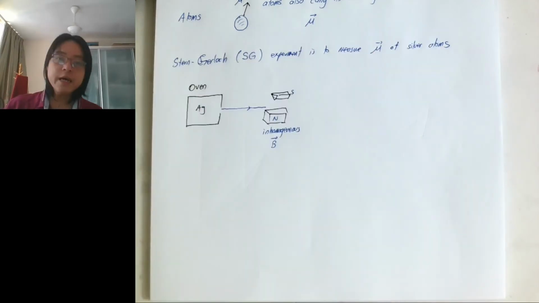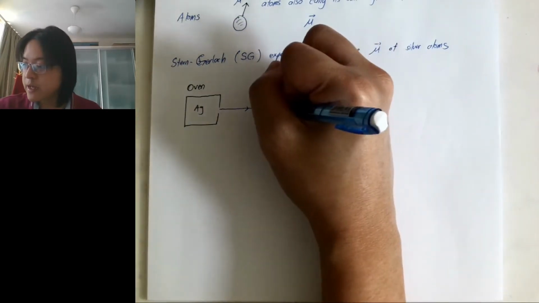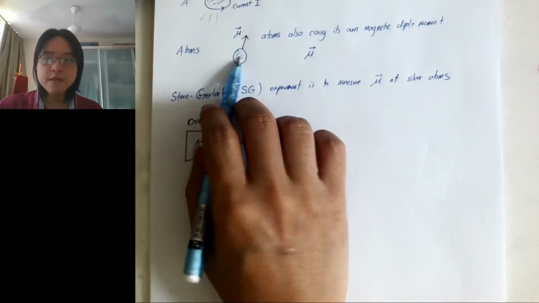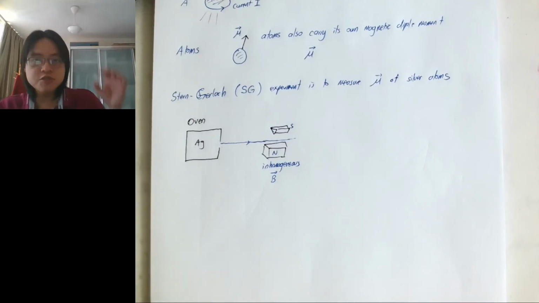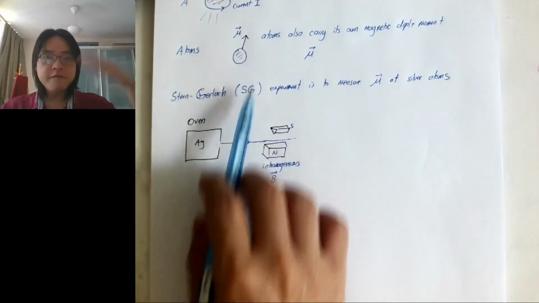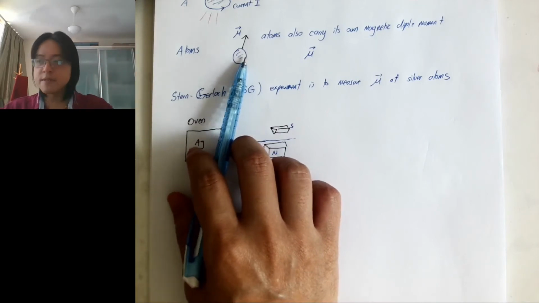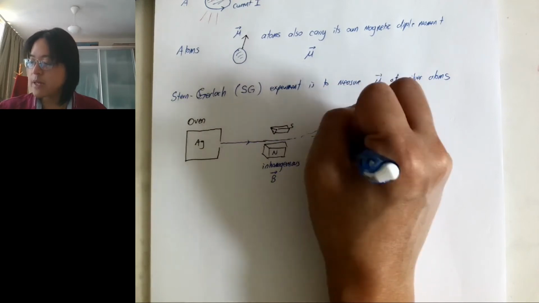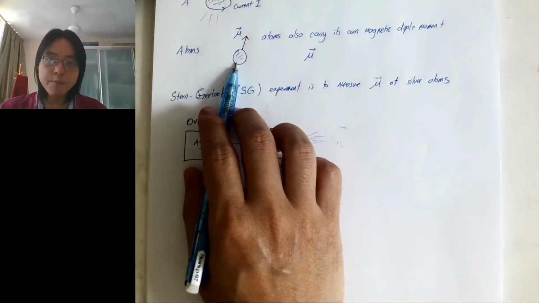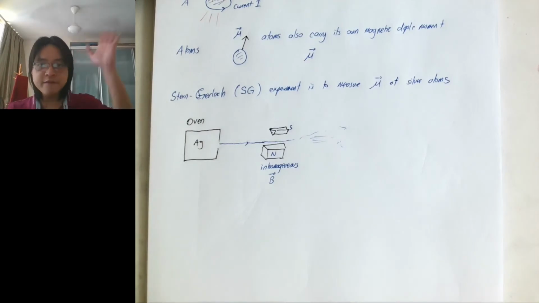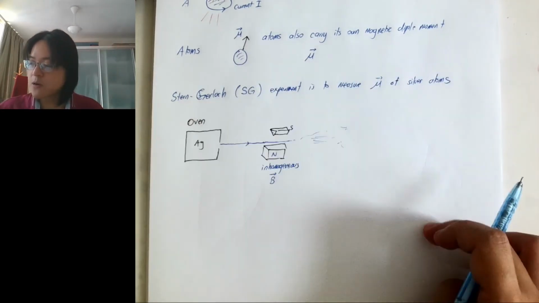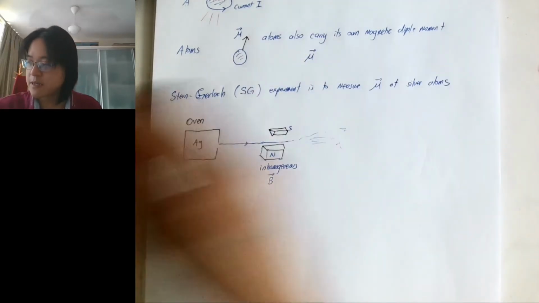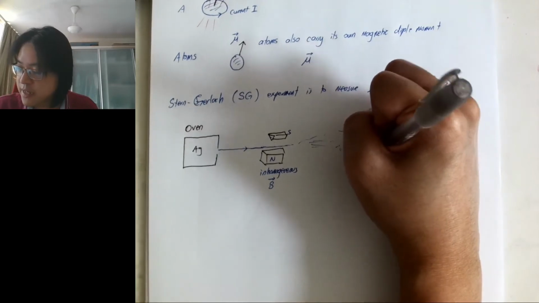Why inhomogeneous? I will show you later, but the main point is, if it's inhomogeneous, then it will exert a force on the atom. It's going to push the atom, and I will show you later that the value and direction of the force depend on the magnetic dipole moment. So different atoms with different dipole moments will get pushed by different forces. One might go up, another might go down. Maybe it could go to the center? I don't know. I will show you the experiment later, but the design is you have a screen that collects the atoms here.